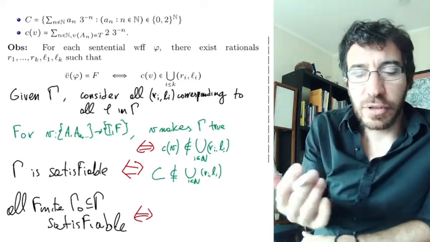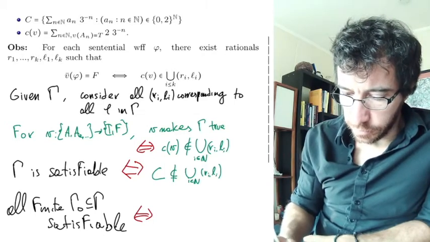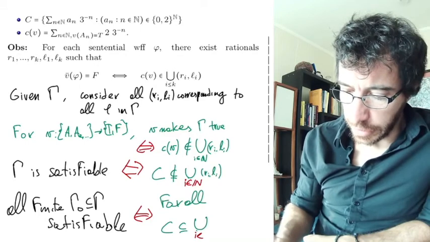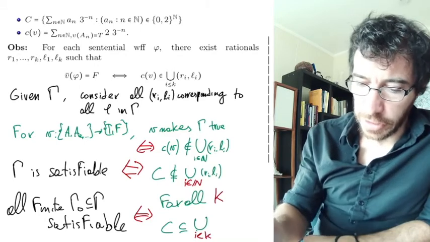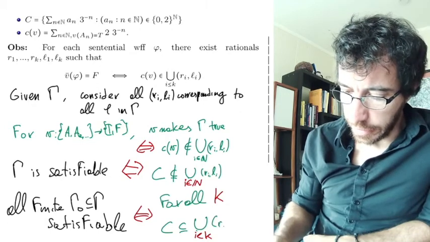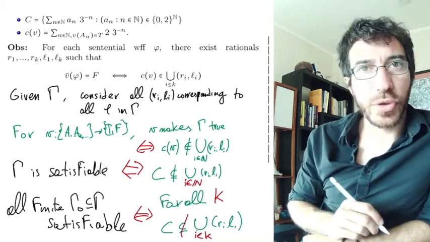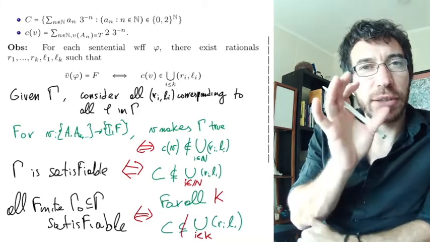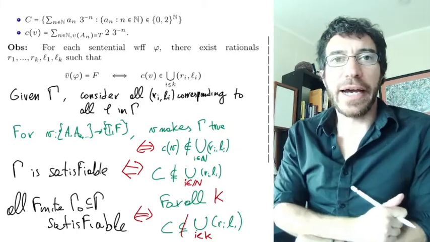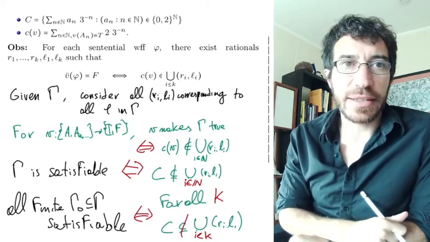So saying that all the finite ones are satisfiable is the same thing as saying that for all numbers k, the union of all the i's less than k of the intervals Ri, Li is not a covering, right? So whenever you choose finitely many formulas, the intervals that correspond to those formulas don't cover everything. So there exists something that makes it true.